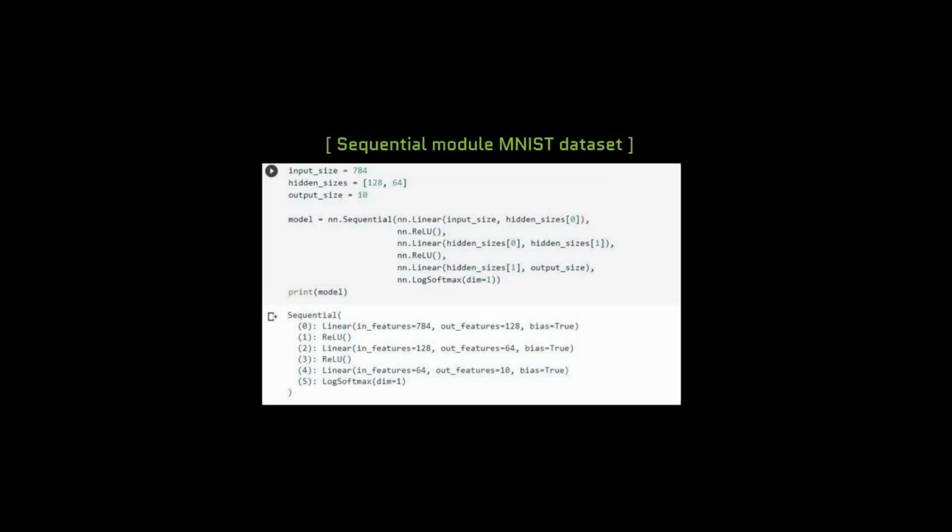Let us first build an example with the MNIST dataset to understand modules and convolutional layers. A simple model is built with the sequential module: a linear layer, followed by ReLU, followed by another linear layer and again ReLU, and finally a linear layer with log softmax activation function.